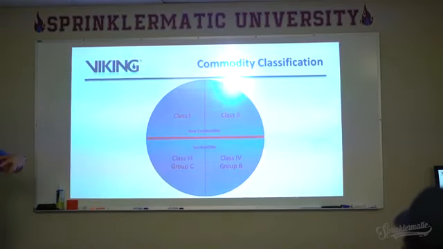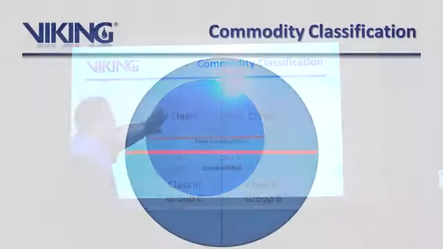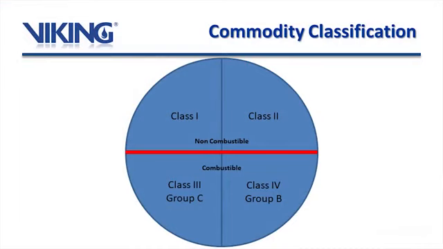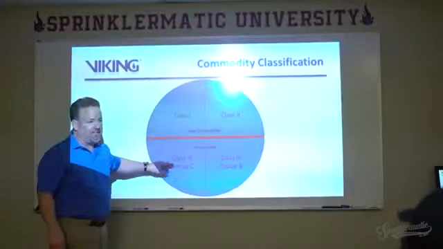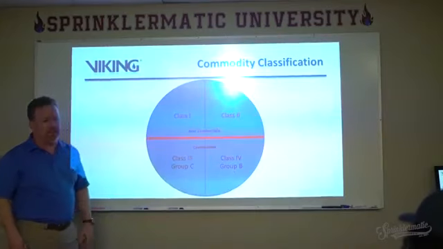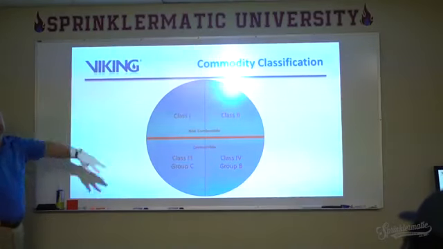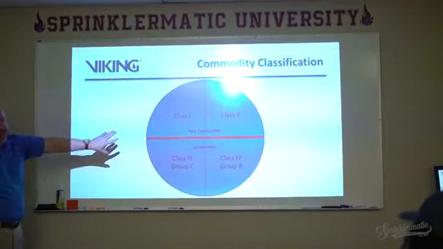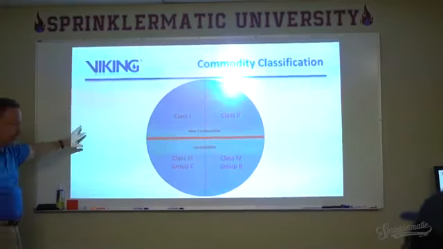So, bringing it all back around together here, Class 1 and Class 2 are non-combustible commodities. Class 3 and Class 4 are combustible commodities, which include Group C plastics and Group B plastics. So what we've done is we took that list of 7 and brought it down into 4 plus Group A plastics.